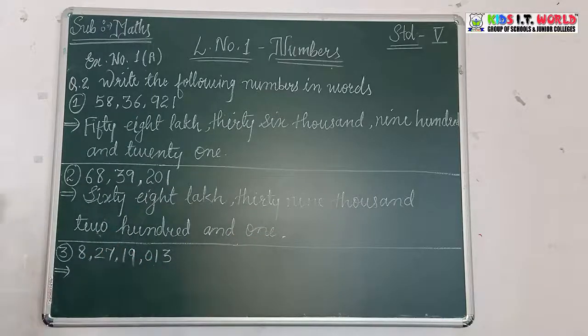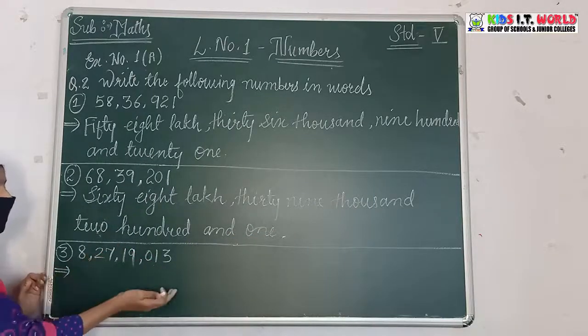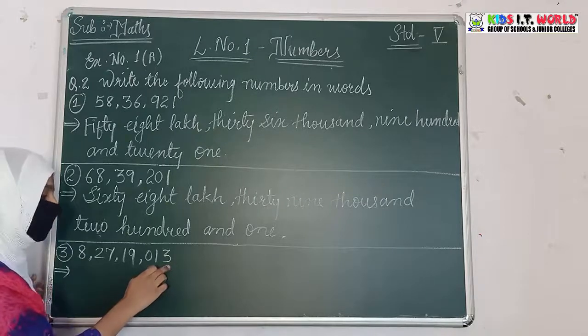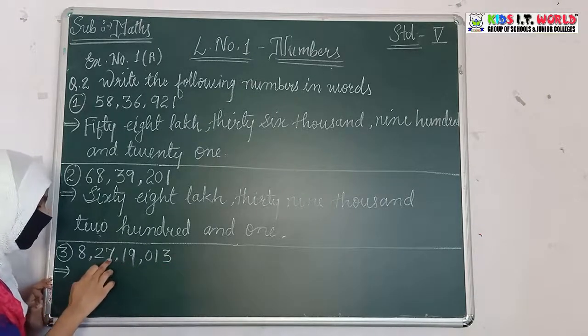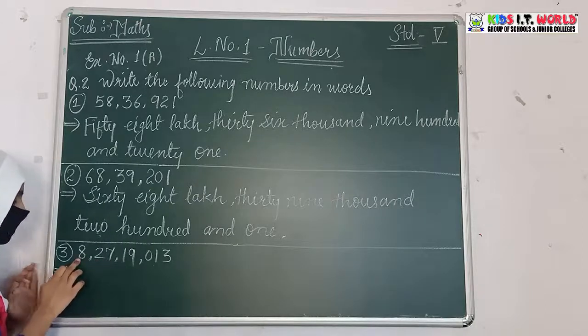Understood, students? Now the next one, read it again from the ones. So it is ones, tens, hundred, thousand, 10,000, lakh, 10 lakh, and it is crore.